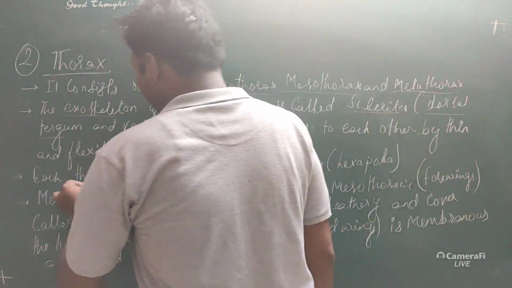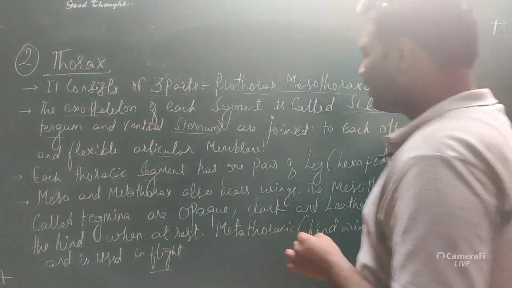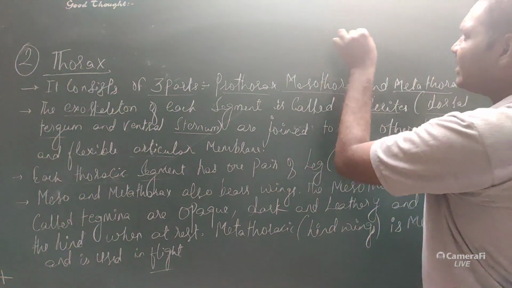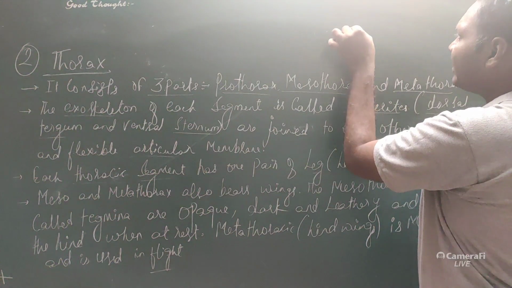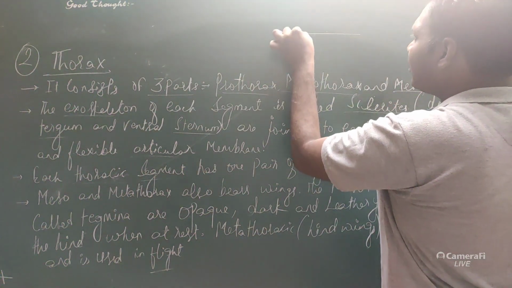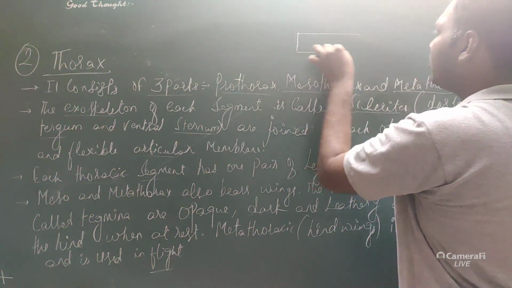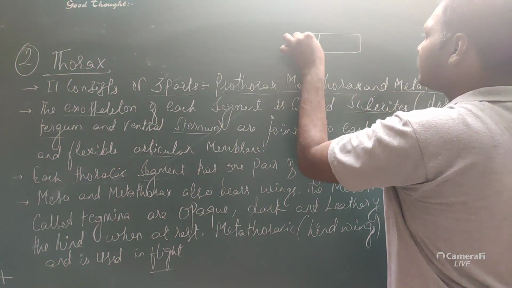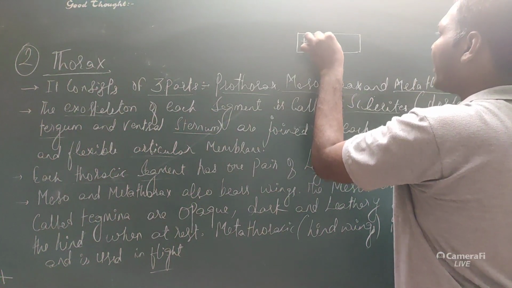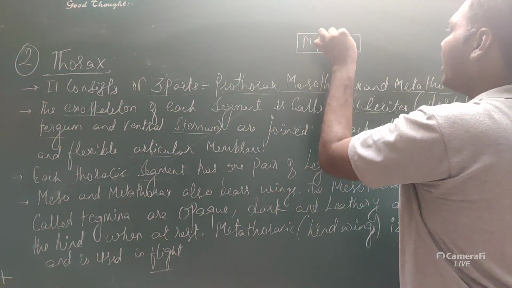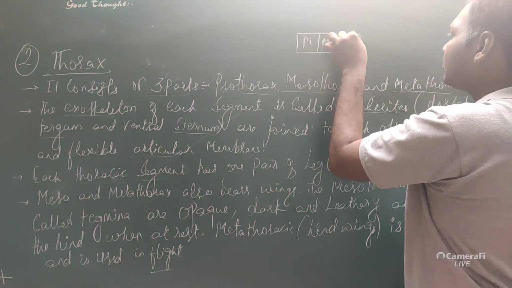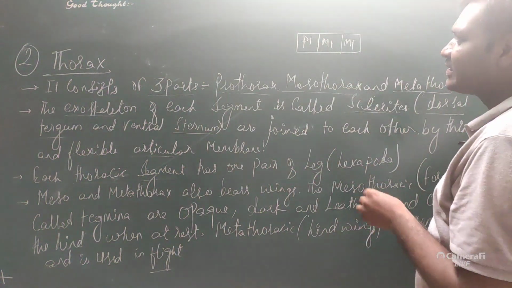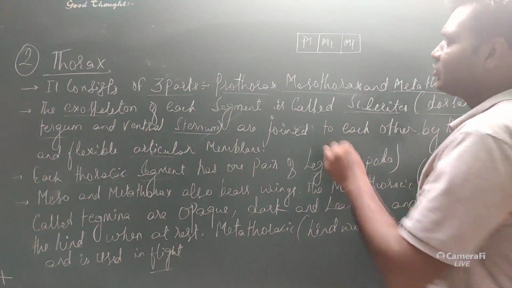Now each thoracic segment has one pair of legs. As we also saw in the diagram yesterday, the thoracic part consists of three main parts: the prothorax, mesothorax and metathorax. These three parts of the thorax each have one pair of legs.